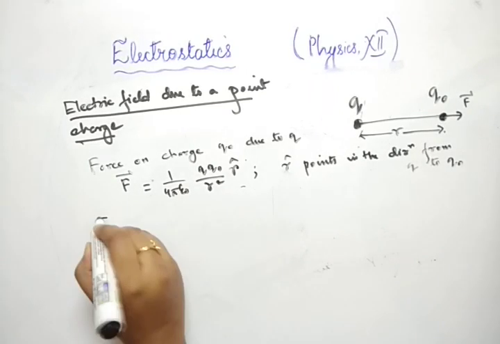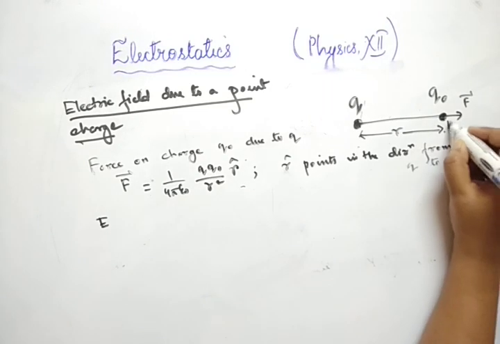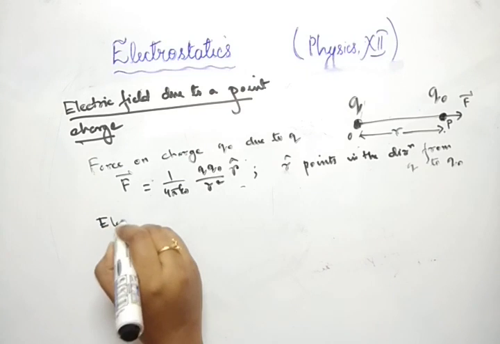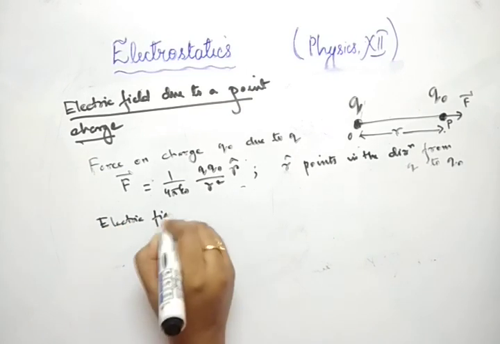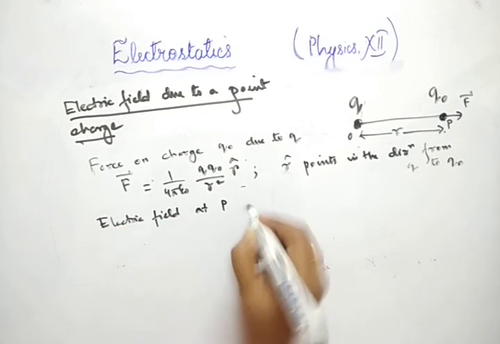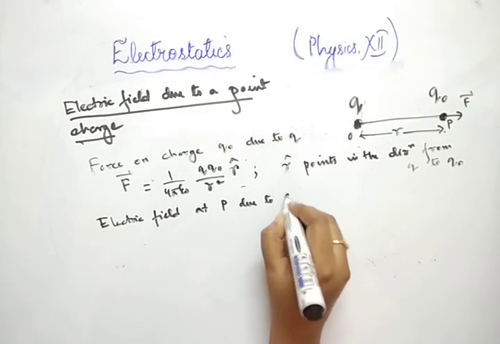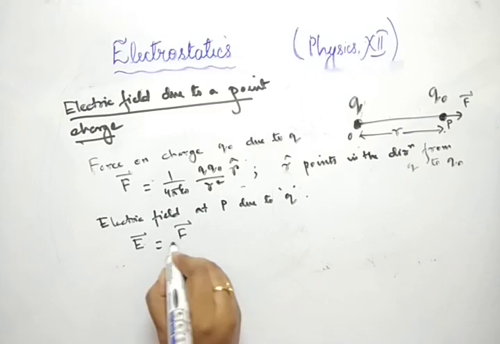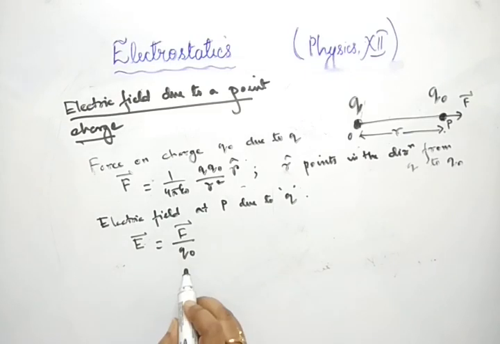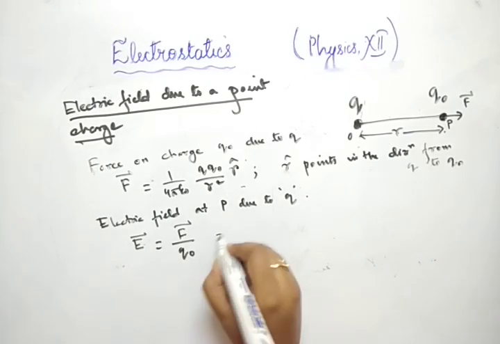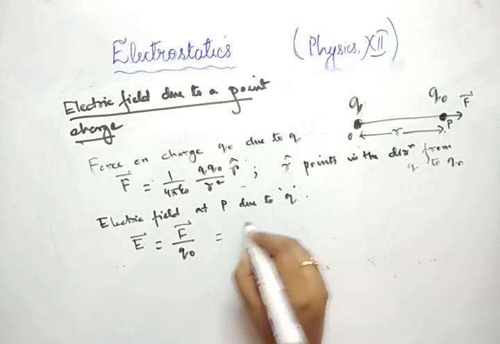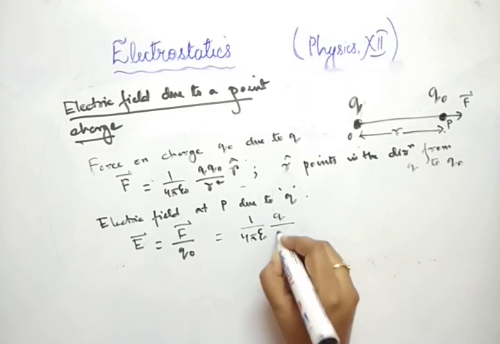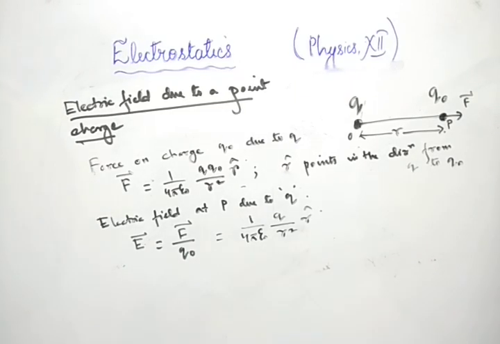Now let us consider a point P. The electric field at P due to Q will be what? E again will be F by Q naught, the test charge. Always remember it should be not the source charge but the test charge. So what will come out as a result? Q naught will get cancelled. We will have this thing.